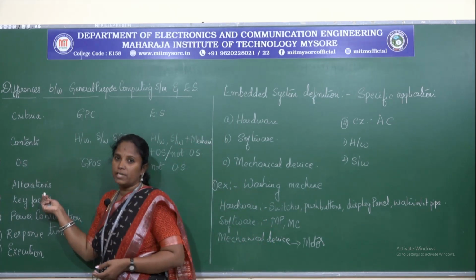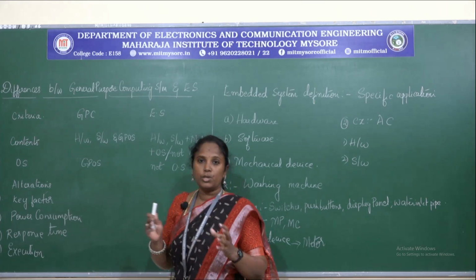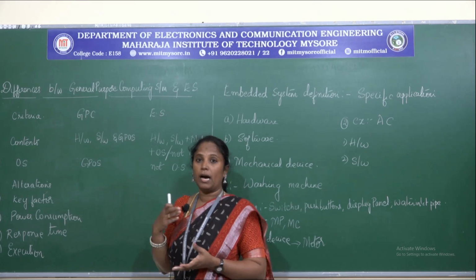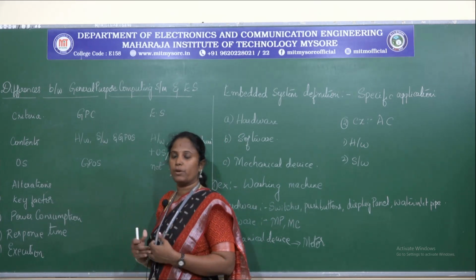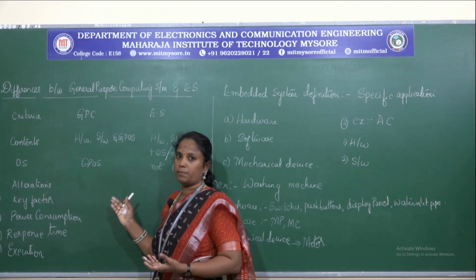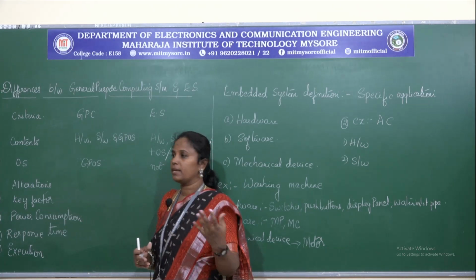Next we have alterations, the third criterion. Alterations means that in a general purpose computing system you can make changes to your hardware as well as reprogram your software, and you can use it for another application.